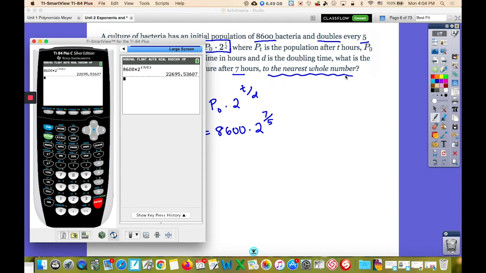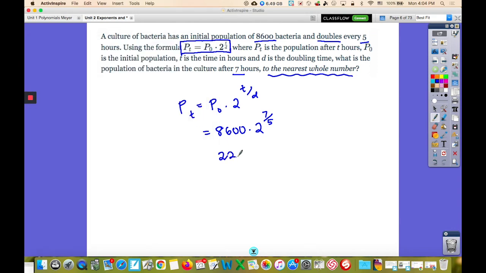I'm supposed to round this to the nearest whole number. So that means since after the decimal is a 5, I'm going to round up. This would be 22,696. And what is that? Bacteria? That's how much bacteria there would be after 7 hours. And that is my answer.